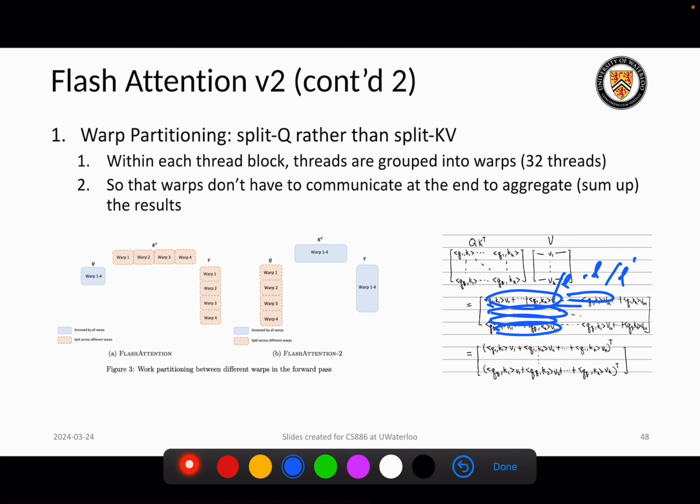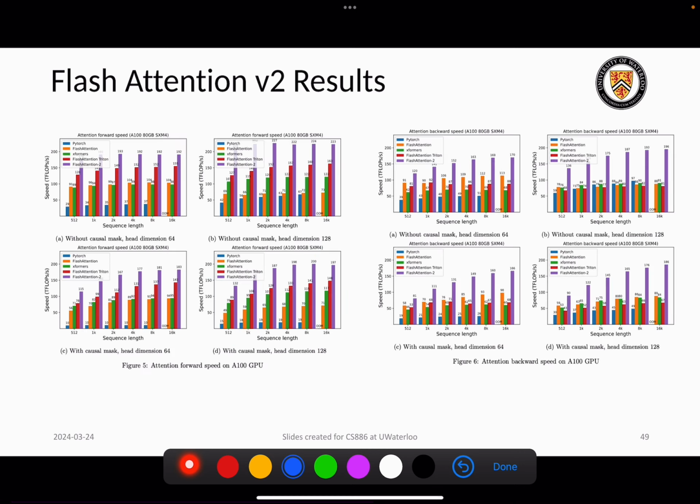Basically, it's saying that we don't need to do that. We just don't divide by L in the first place and wait till the end to divide by this big L. So that's the idea here. That reduces some non-matrix multiplication flops, which are usually slower to compute.